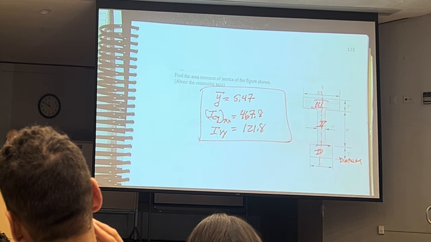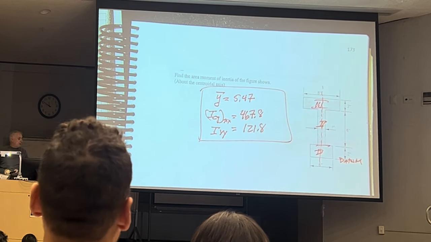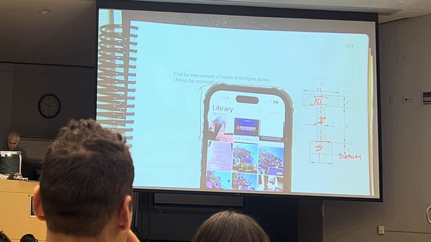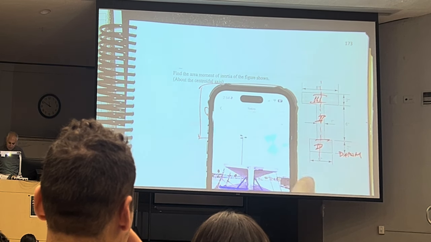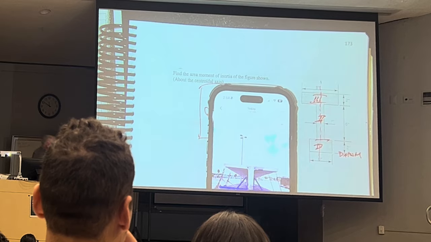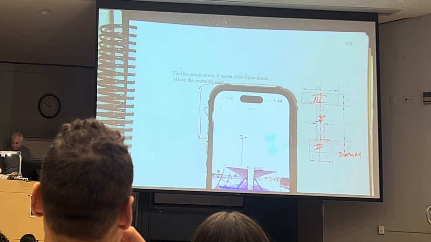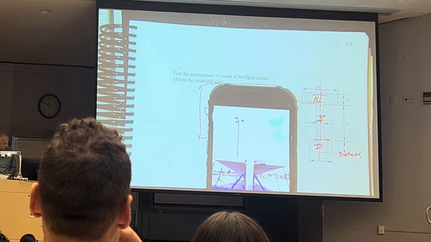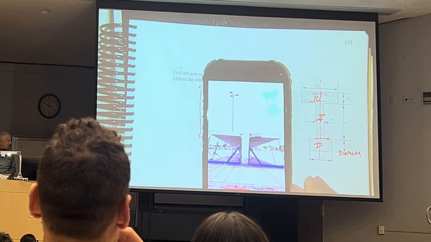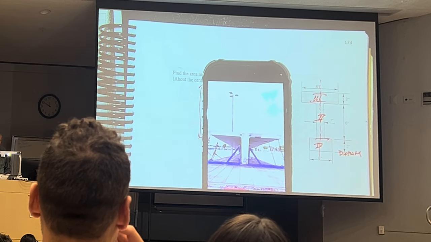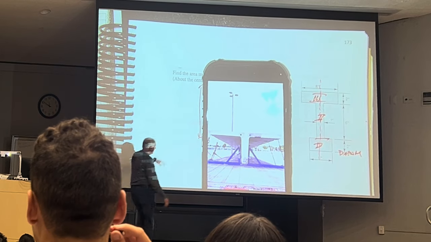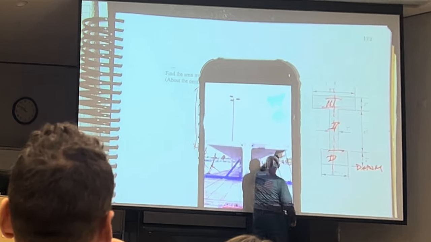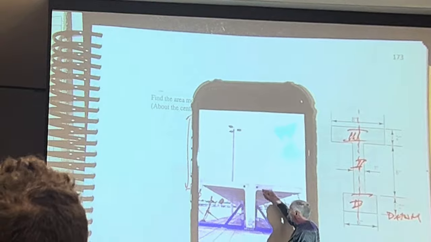I told you about the new apartments that are going up next to the standard. This is one of the beams that's going in. Oh, you can't see? Yeah, you can. It is basically a T-shape. So to find the area moment of inertia of this, you make it into one big rectangle here, another big rectangle there, you cut it off.